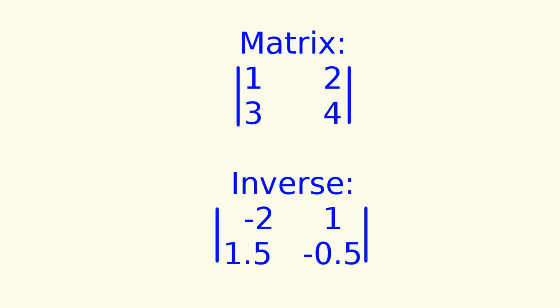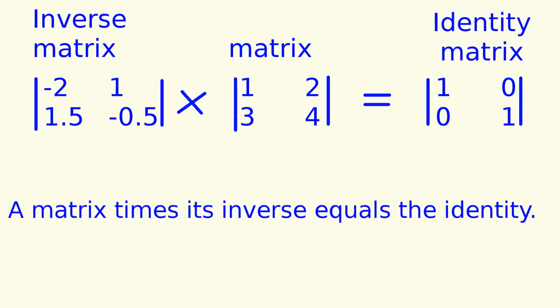For square matrices, ones with the same number of rows and columns, there is one more interesting matrix, the inverse matrix. Multiplying the square matrix by its inverse gives the identity matrix.